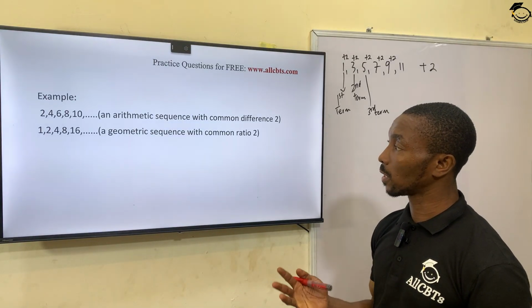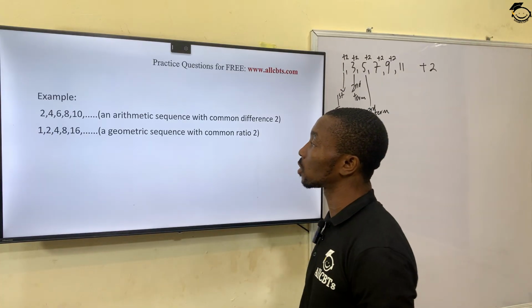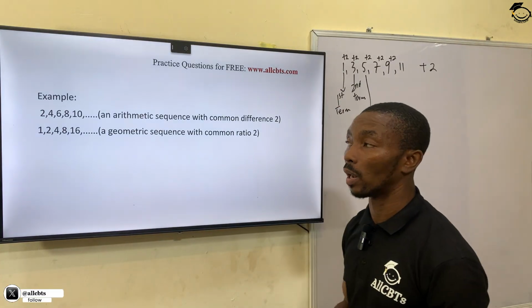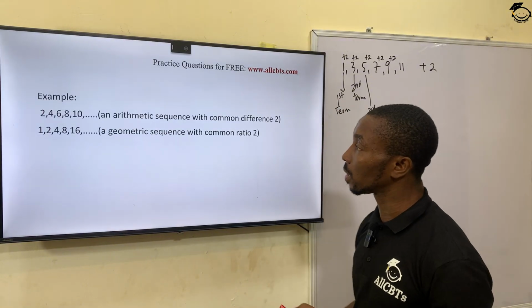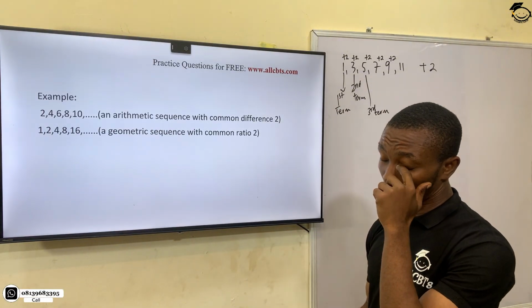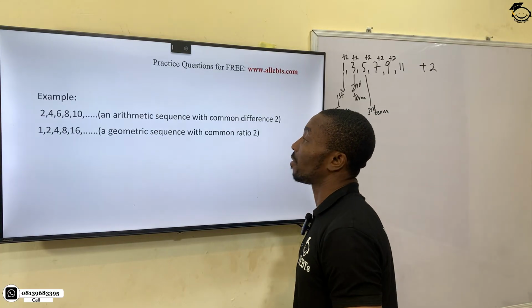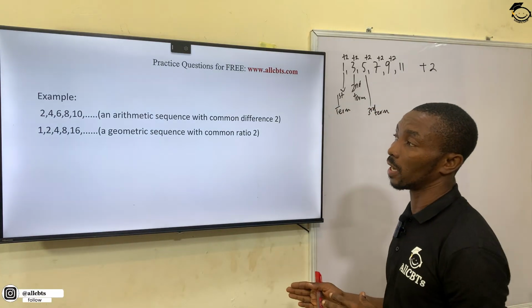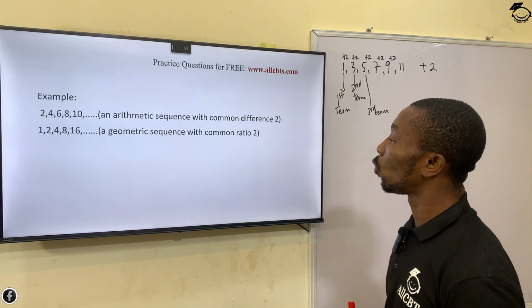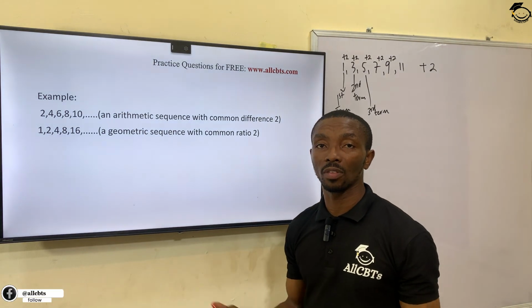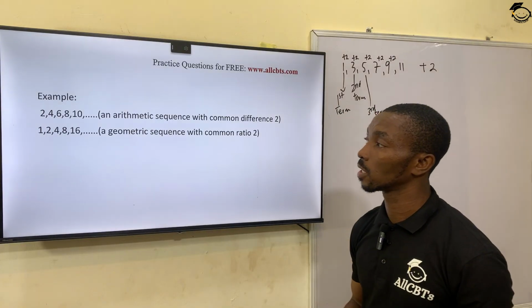Now, there are two types of sequence which we are most likely to have. We have the geometric sequence and the arithmetic sequence. Now, for the arithmetic sequence, we have the second term and the first term. In between the second term and first term, we have what we call the common difference for the arithmetic sequence.